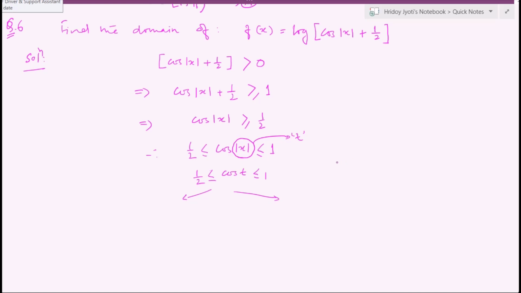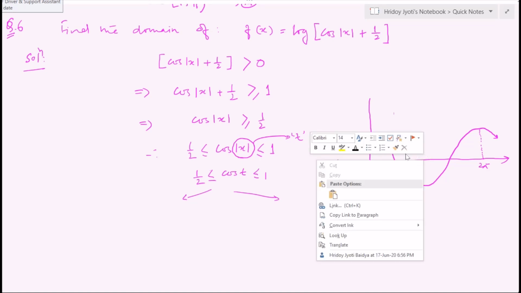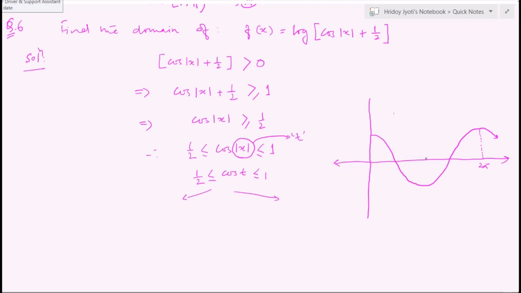Let us draw the graph of cos x so that we understand it clearly. It starts from 1 at 0, goes up to 2 pi, and it will reach half when x equals pi by 3.